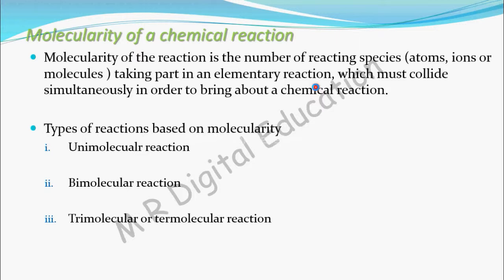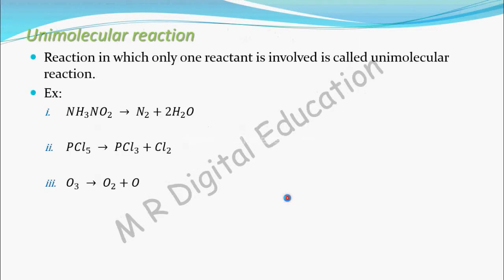Based on molecularity, reactions are classified as follows: unimolecular reaction, bimolecular reaction, and trimolecular or termolecular reaction. Let's see them one by one. A reaction in which only one reactant is involved is called a unimolecular reaction.